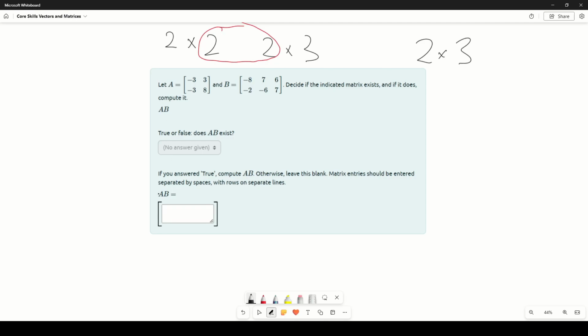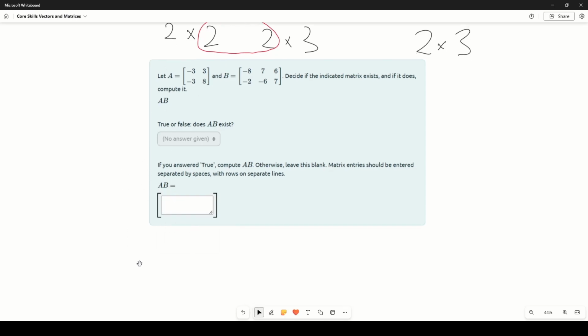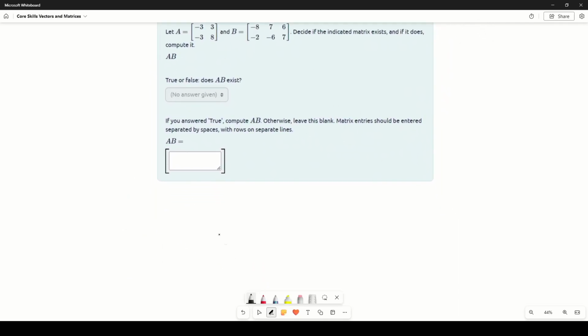So now let's actually get into the multiplication. Let me just rewrite these here.